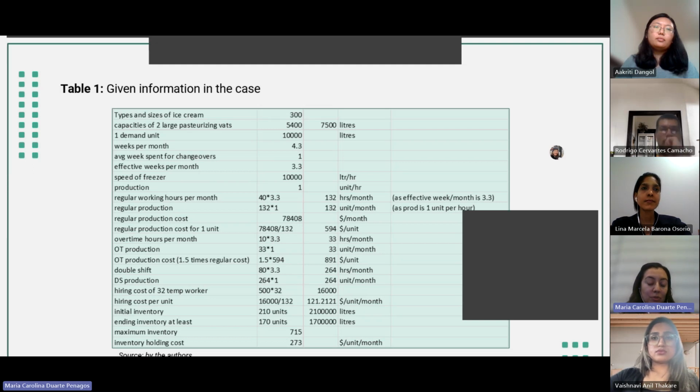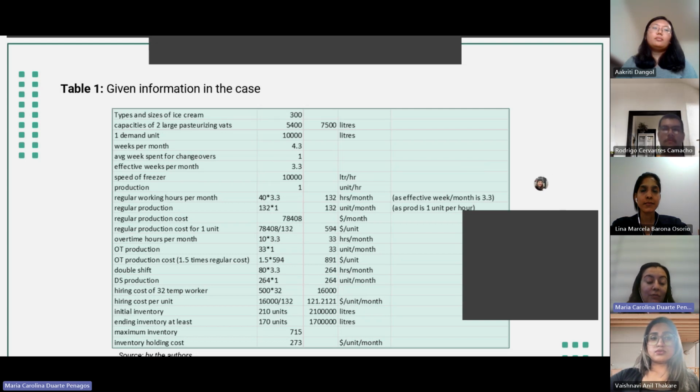Also, we have a production cost of 78,408 per month. For the regular production cost, we divide this amount by 132, and the cost will be 594 per unit.